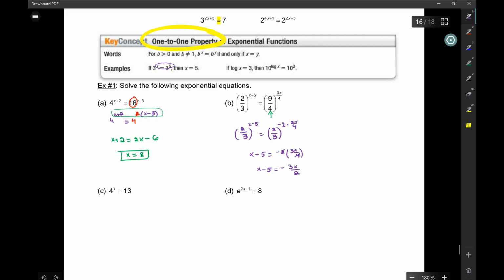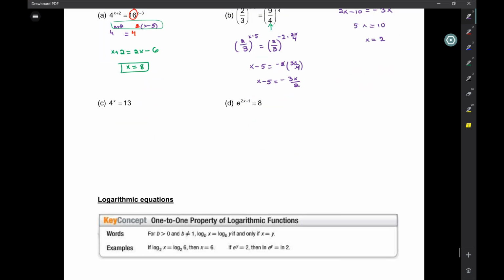We can cross multiply. 2x minus 10 equals -3x. 5x equals 10. X equals 2. What's the domain for exponential functions? All real numbers. So there's less and less need to check for solutions, to see if it works.